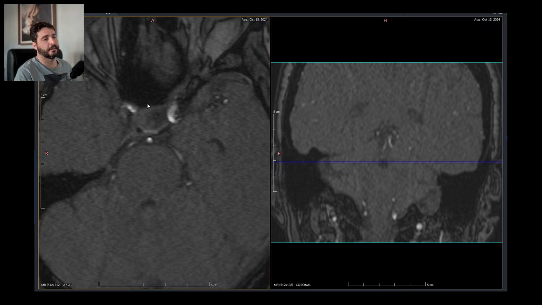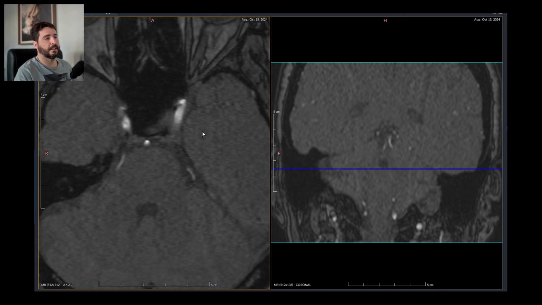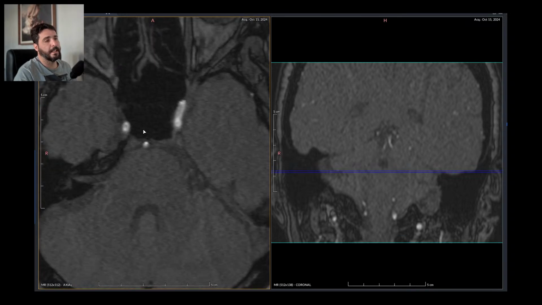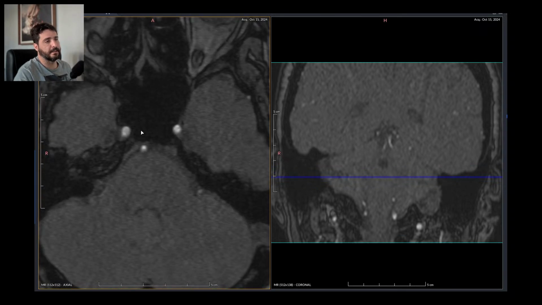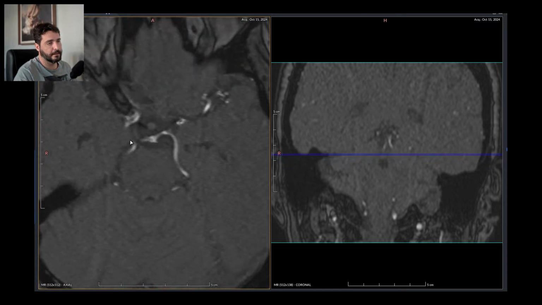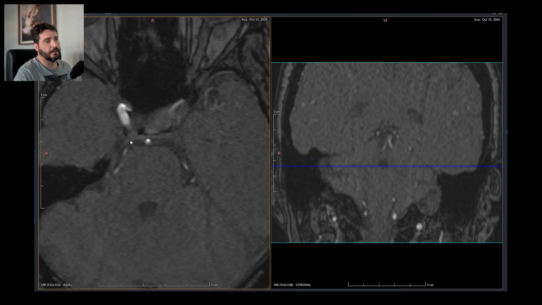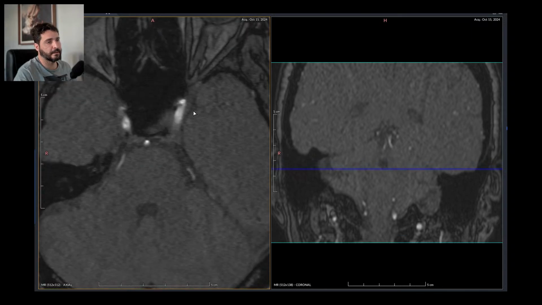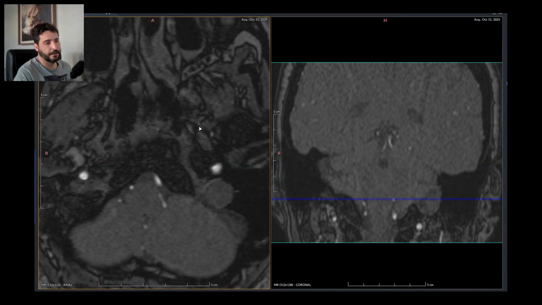See these artifacts? They attenuate signal right on the spot that is most commonly affected by atherosclerotic plaques and stenosis. So this is a useless exam for that. This is also one of the most common sites of aneurysm, and it's completely useless to report.